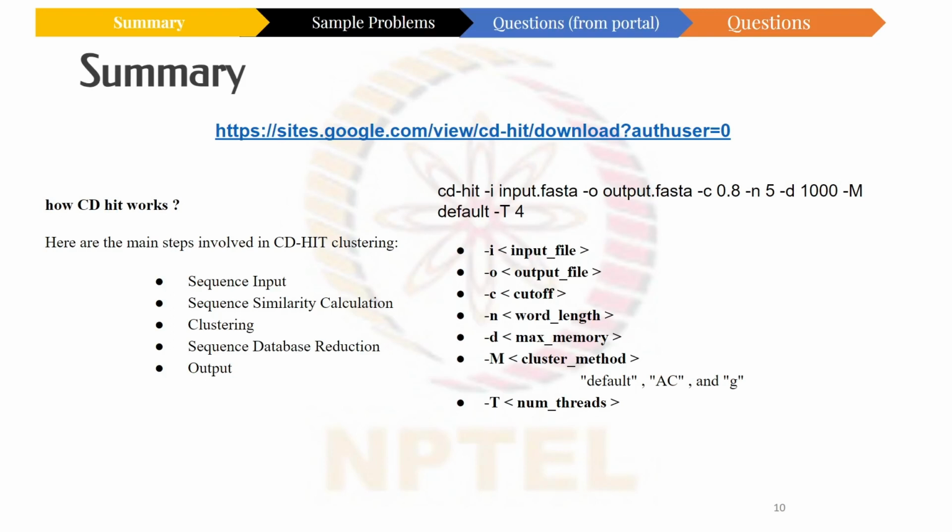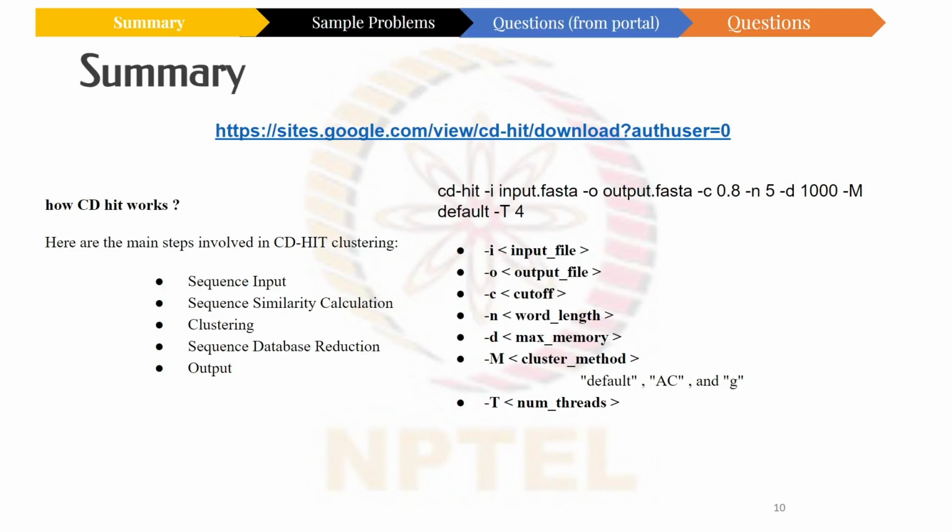The sensitivity is more when we use AC as a clustering method, so this method helps us to cluster sequences with low identity as well. Next we have the -g flag, for the greedy clustering method, which can be faster than the default method, but it tends to be not that accurate.